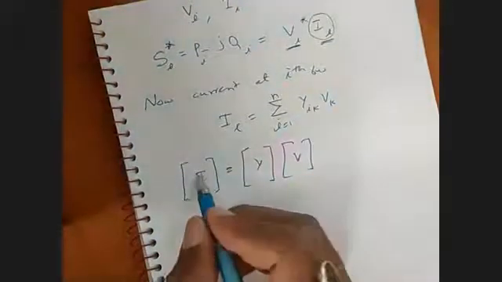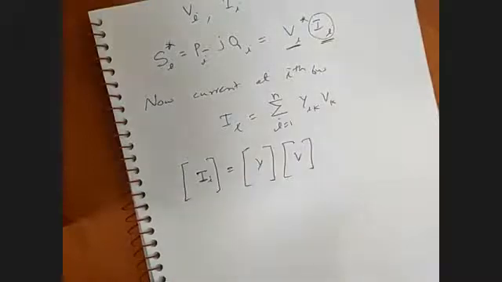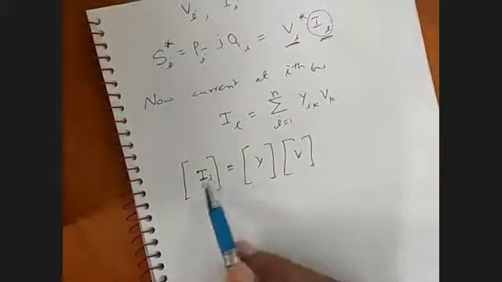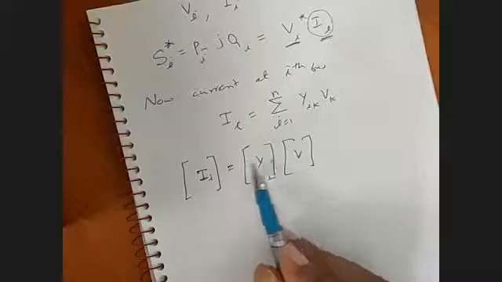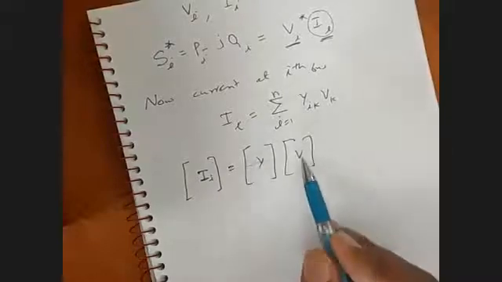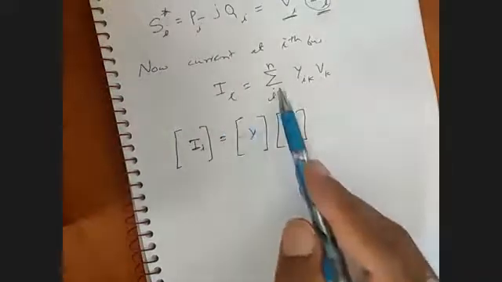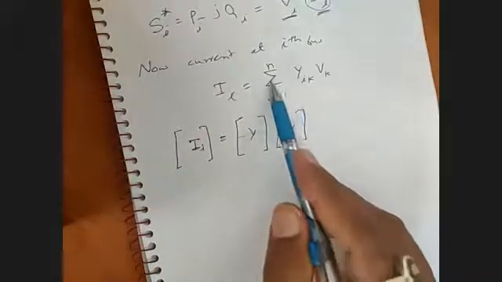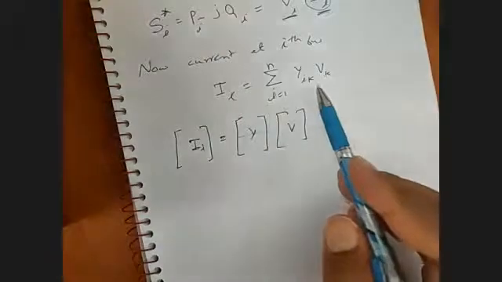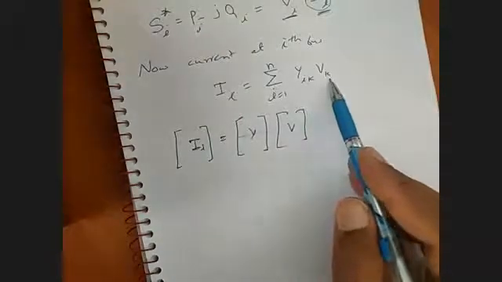So when we are calculating for ith bus, it will become ith row and voltage. So it will be Ii equal to summation k equal to 1 to n Yik into Vk.